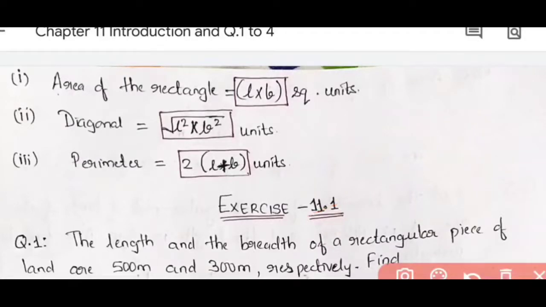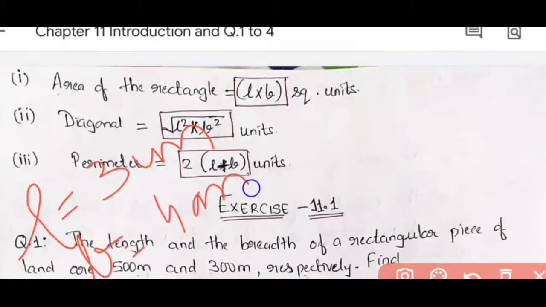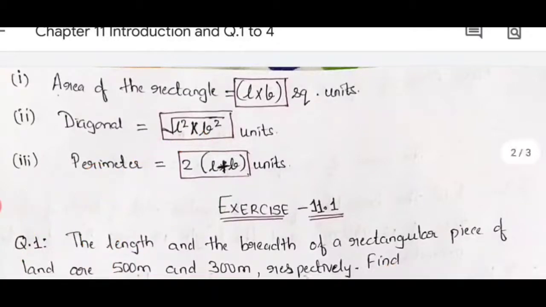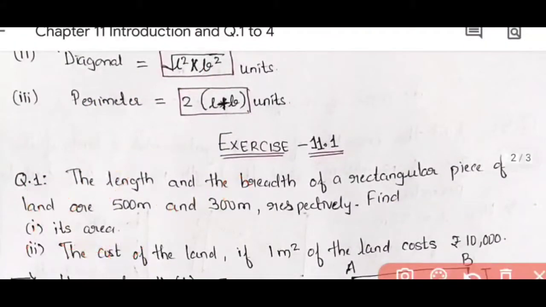Now moving to the second formula. The second formula is the diagonal. If they have given you the length, again let me take the length as 3 centimeter and breadth as 4 centimeter, and they ask you to find the diagonal of the rectangle, then you will put it in this formula.